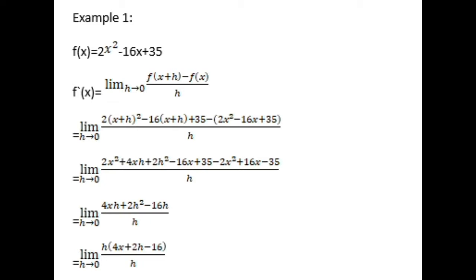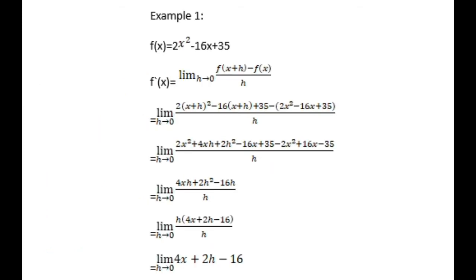Then copy plus 35. Then minus 2x squared plus 16x minus 35 all over h as h approaches 0. Cancel like terms with different signs, which are the 2x squared, 16x, and 35.